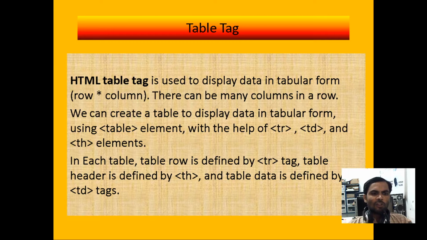To create rows inside the table, we use the TR tag. TD means table data, and there is also the table heading. The table row is defined by TR, the table header by TH, and the table data by TD.